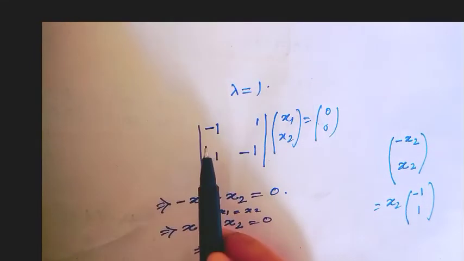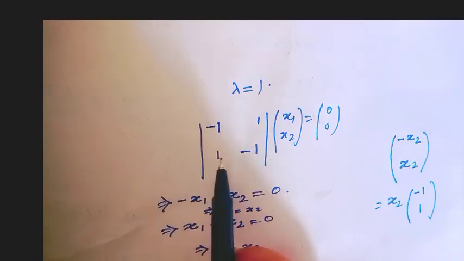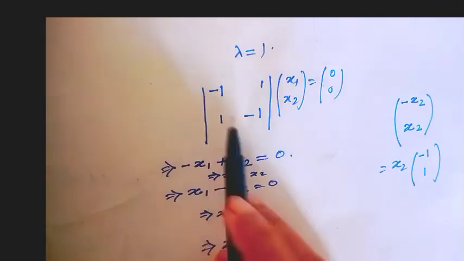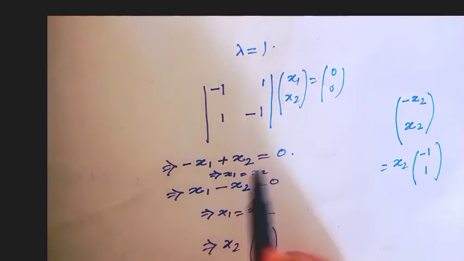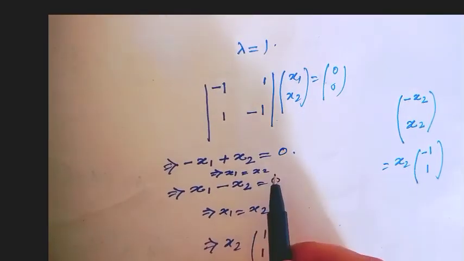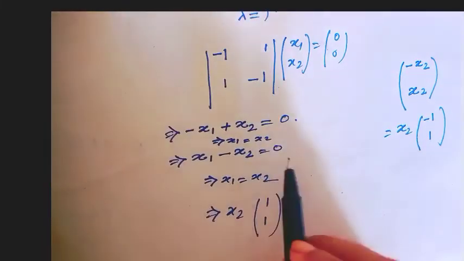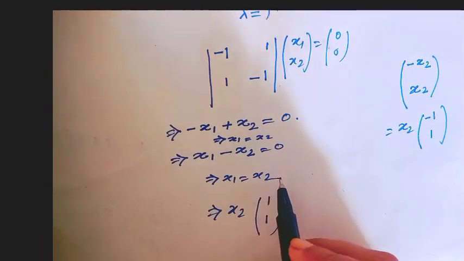Okay. And for lambda equal to 1, this would be the matrix minus 1 1, 1 minus 1 times x1, x2 equals the 0 matrix. That means from this expression minus x1 plus x2 equals 0, that means x1 equals x2. Also x1 minus x2 equals 0, that means x1 equals x2.